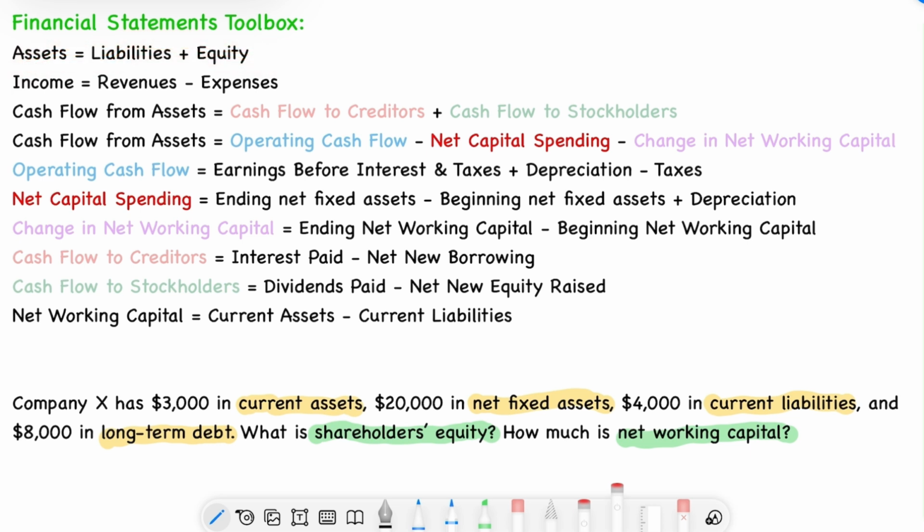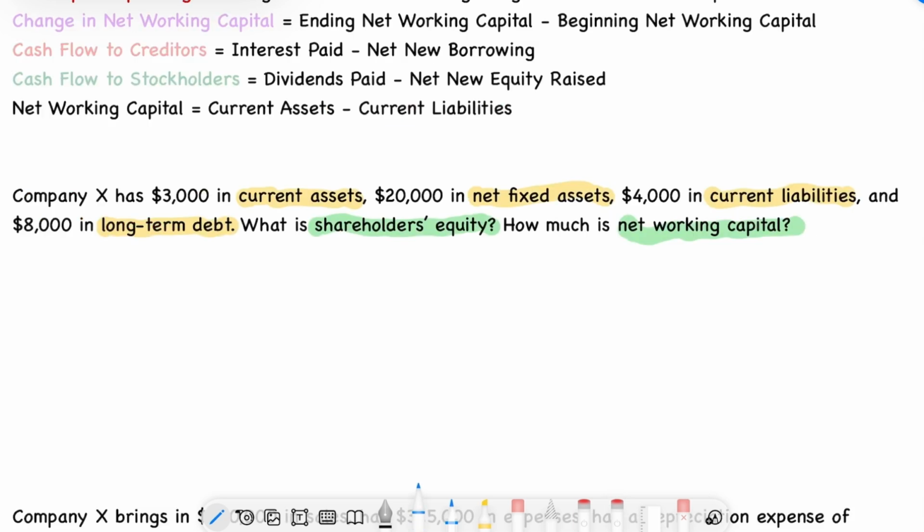This has our assets, liabilities, and equity in it, and we want net working capital, which has current assets and current liabilities in it. So now we know what pieces we need to use and where we need to put them. All right, let's get started with our shareholders' equity.